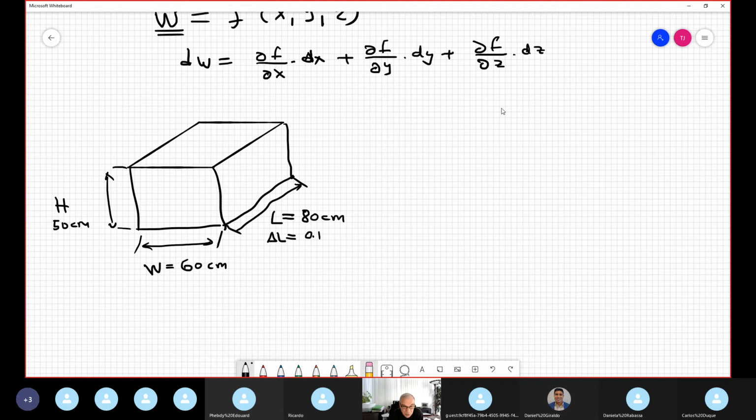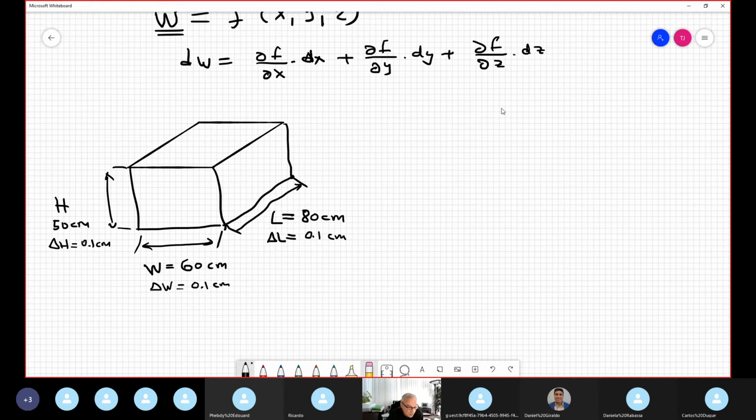Well, I suppose it's 0.1 centimeter. Delta W is equal to 0.1 centimeter. And delta H is 0.1 centimeter. The reason is that we're using the same rule or the same instrument to measure the dimensions. So now the error is common, it's the same.